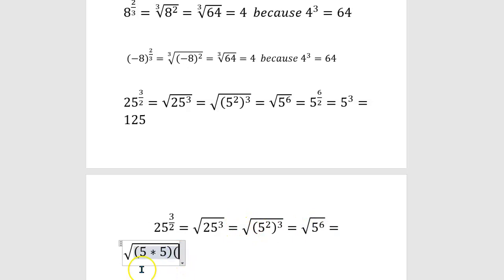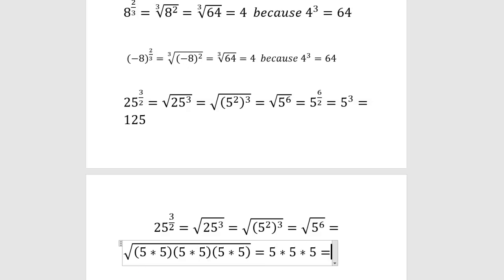And all this is inside the radical. 5 to the 6th power by associativity and all that can be written as 5 times 5, three times over. And by the laws of algebra that you learned in Algebra 2, each pair comes out as a single 5. So you got 5 times 5 times 5, which is 5 cubed, which is 125.